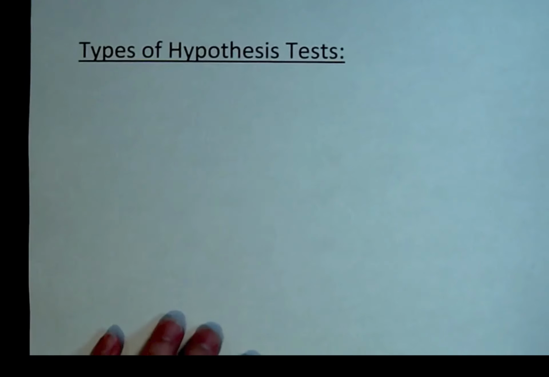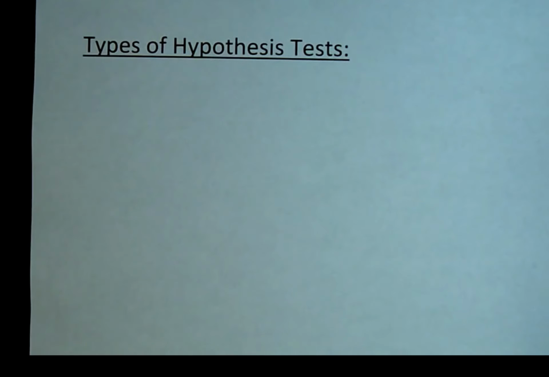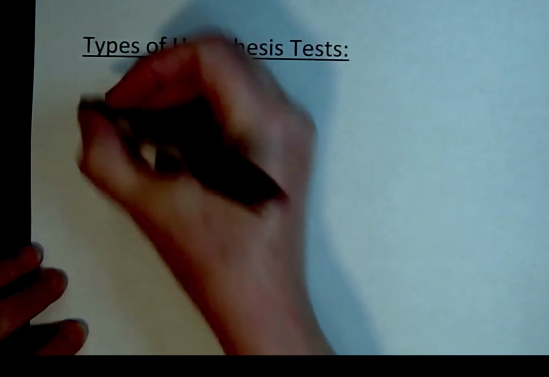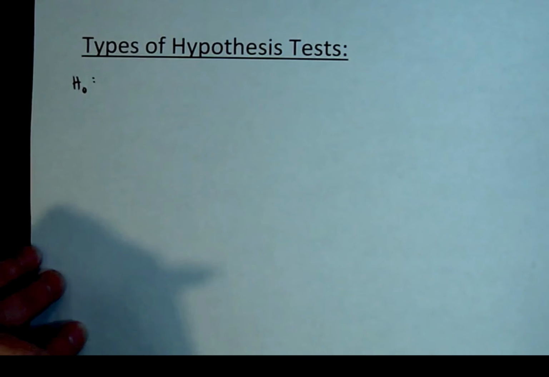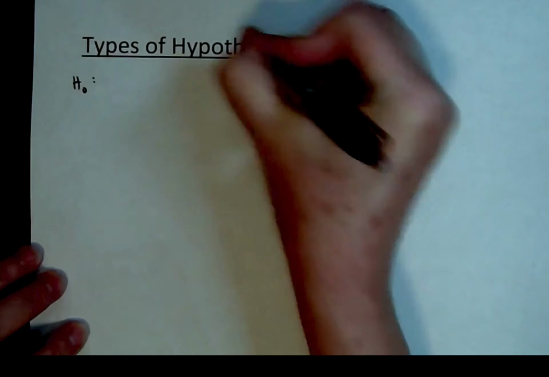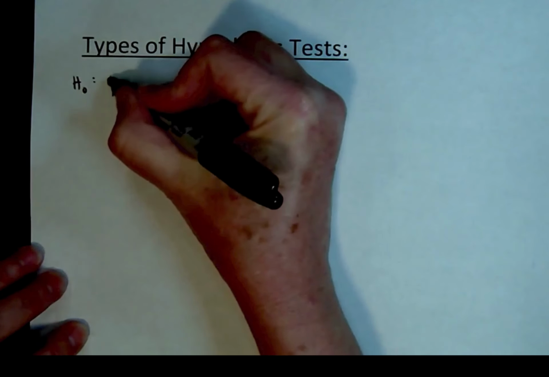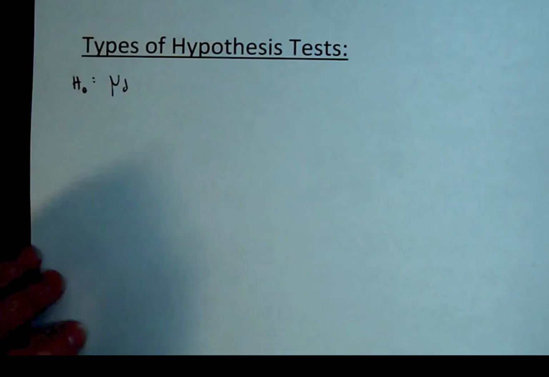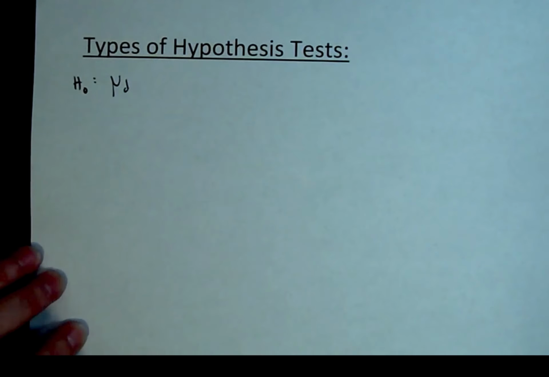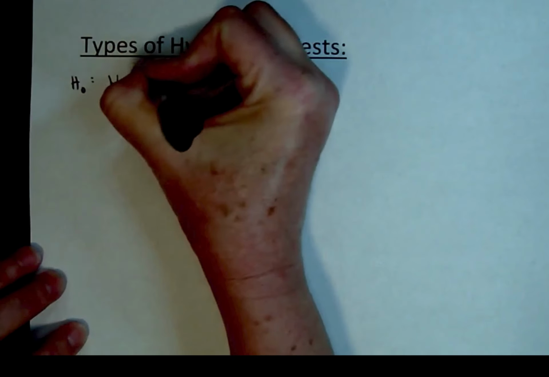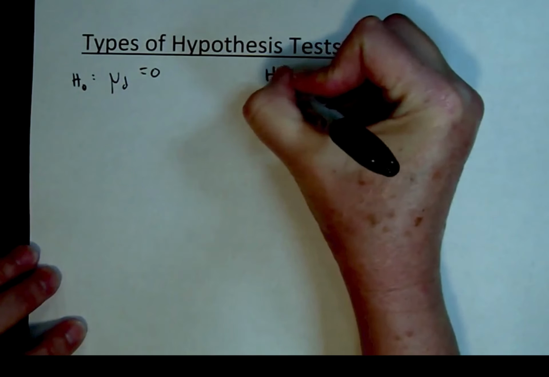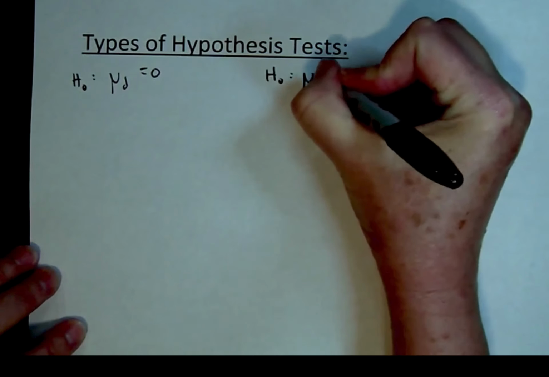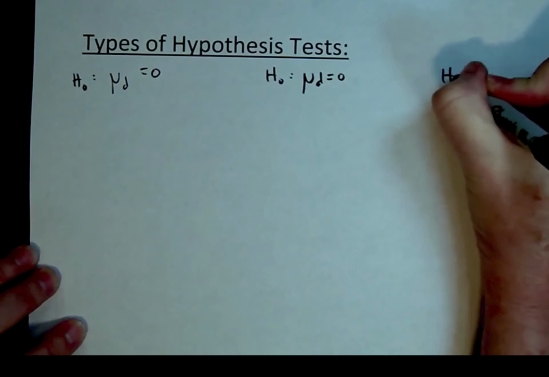So first of all, let's just talk about the types of hypothesis tests. So the null hypothesis for all of these types of hypothesis tests is going to be that the average difference between the two populations is 0. So that's for all the types of hypothesis tests.